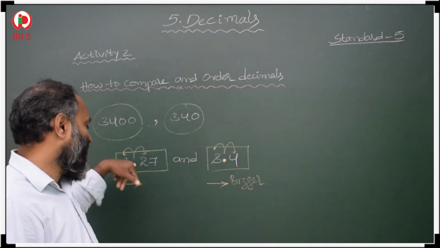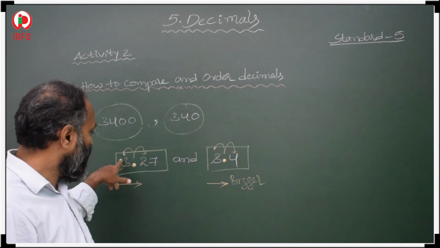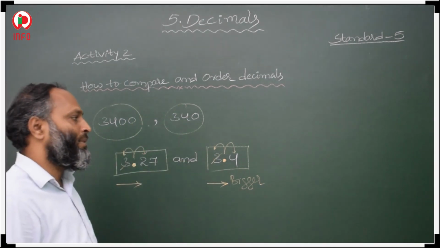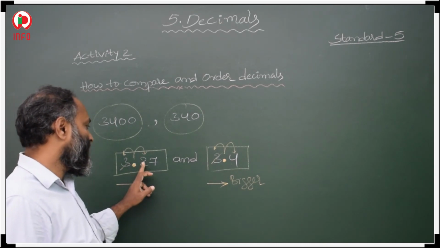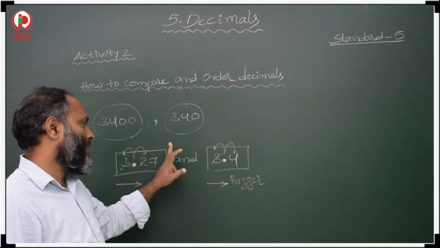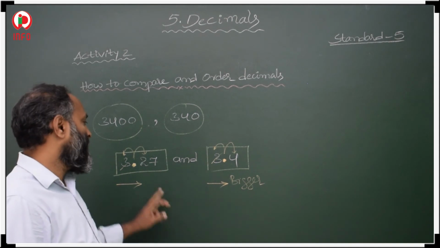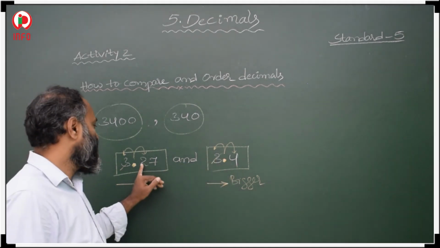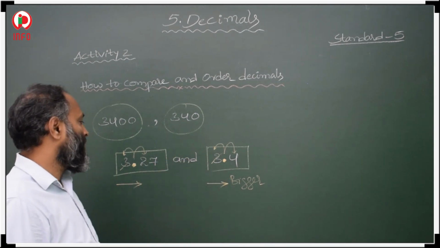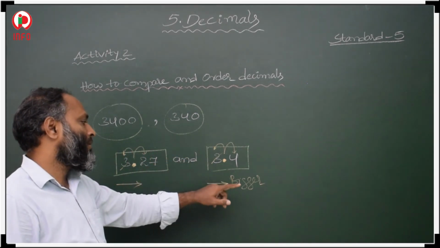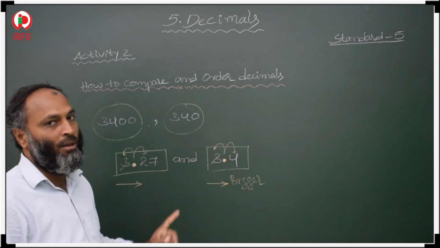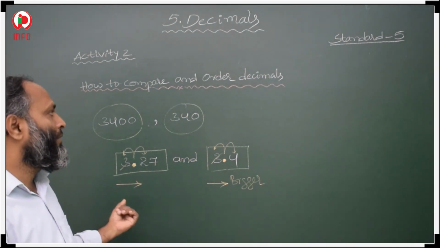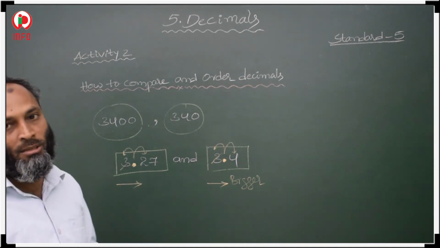Then if the numbers before the decimal are equal, we check the decimal digits one by one: the tenths place, hundredths place, thousandths place. In the tenths place here 2 is there, here 4 is there. In 2 and 4, which one is bigger? 4 is bigger, so this is the bigger number and this is the smaller number. In that way we have to check bigger and smaller. This is the way to compare and order decimals. Okay.